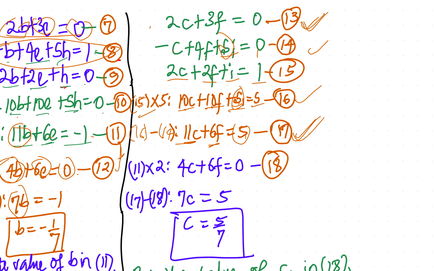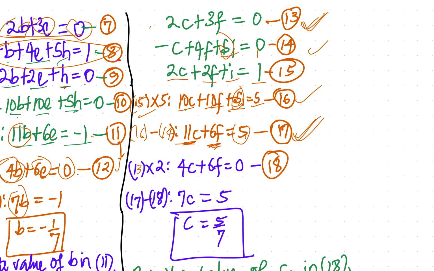So equation 13 times 2, and that is because this one has 6. So if we multiply this by 2, we can have 6f for that. So 2 times 2c, that's 4c. 2 times 3f, 6f. 2 times 0, 0. And we already had 11c plus 6f.